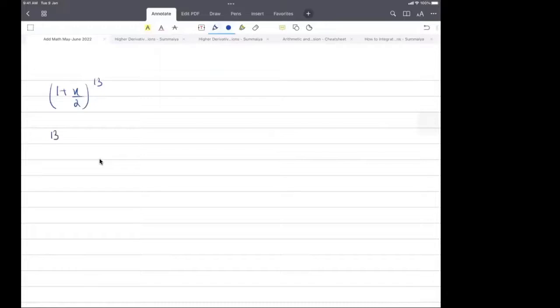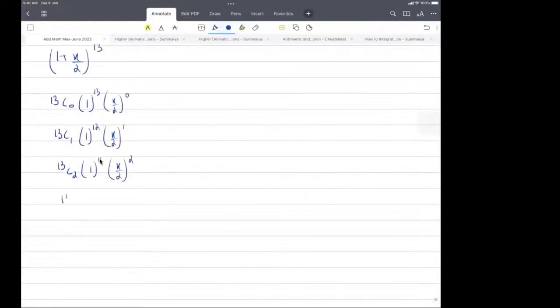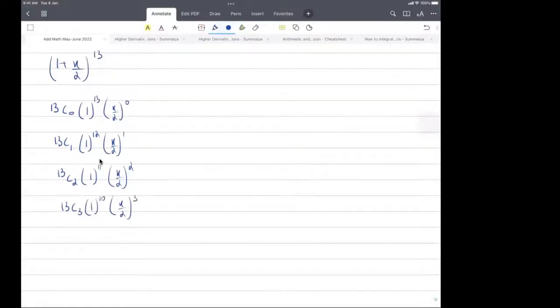So 13C0 1 to the power 13 x upon 2 to the power 0, 13C1 1 to the power 12 x upon 2 to the power 1, 13C2 1 to the power 11 x upon 2 to the power 2, 13C3 1 to the power 10. Till where did we have to go? Does anyone remember? First 4 terms, so 13C3.